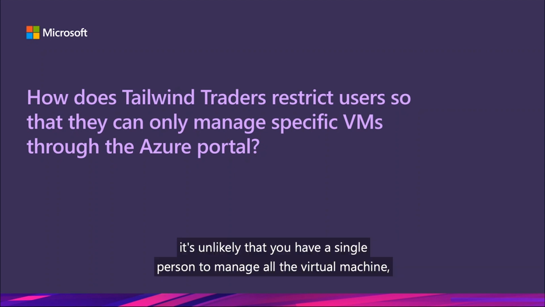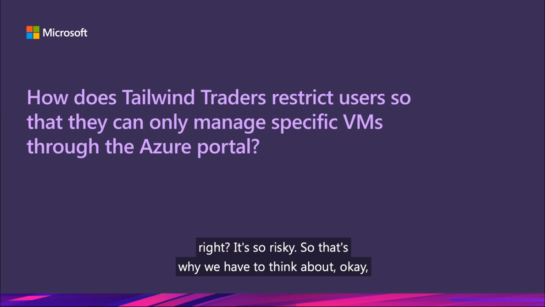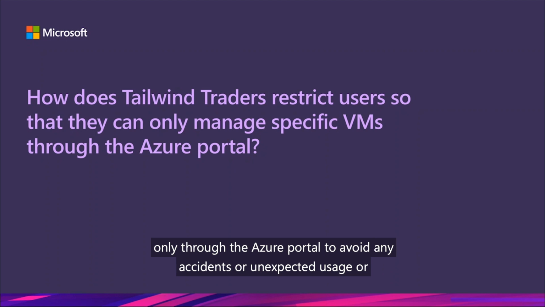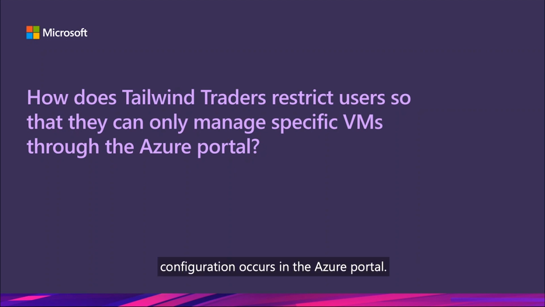It's unlikely that a single person manages all the virtual machines, right? It's so risky. So we have to think about how we can restrict the user to manage specific virtual machines only through the Azure portal, to avoid any accidents or unexpected usage or configuration in the Azure portal.